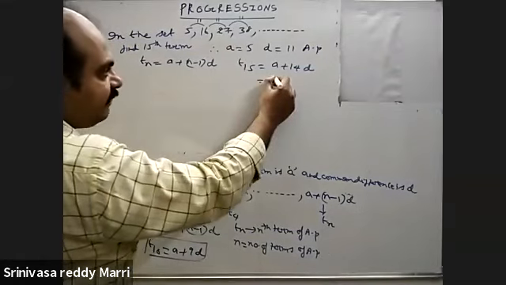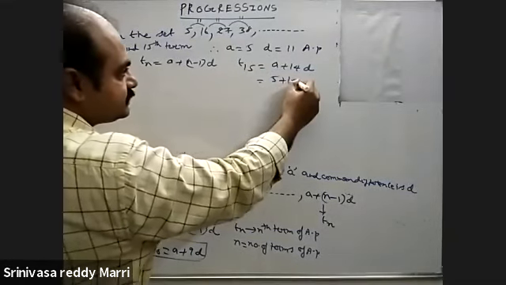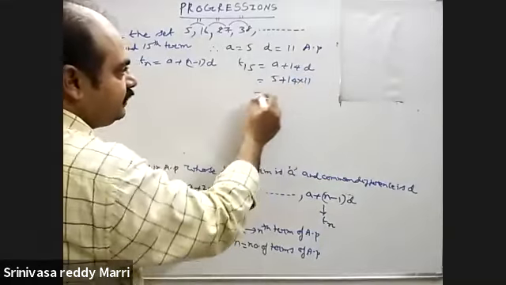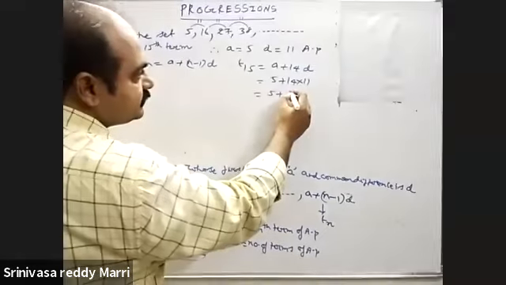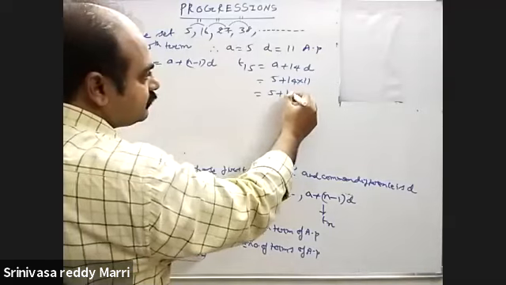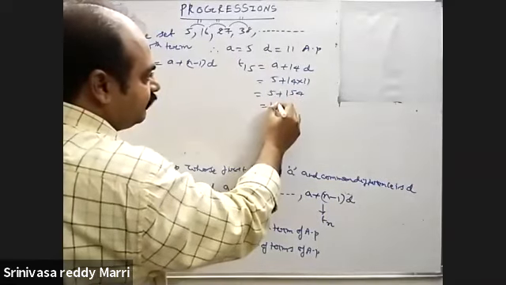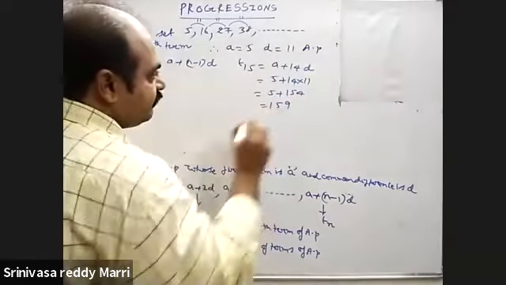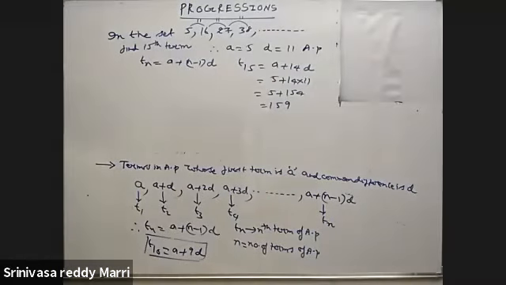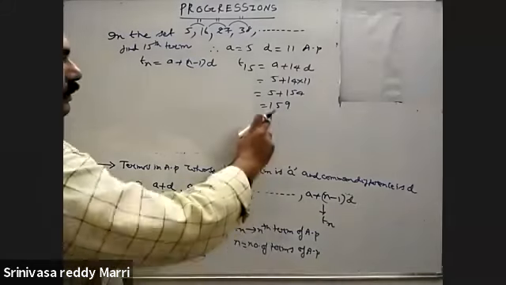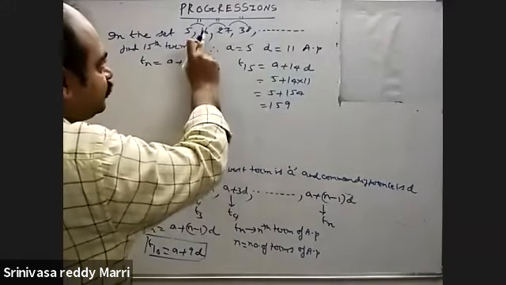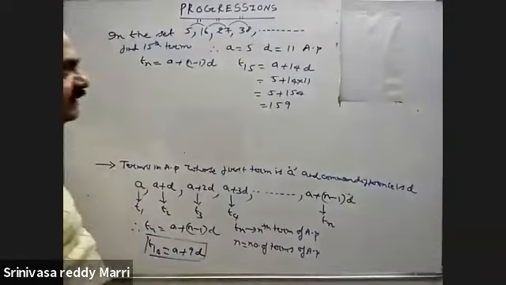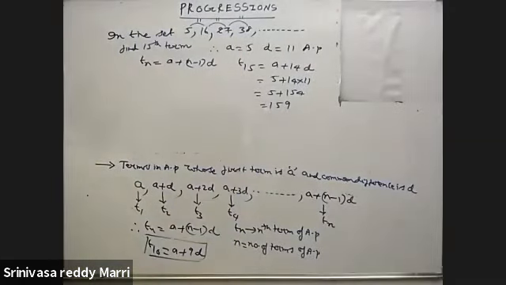That is, this is 5 plus 14 into 11. So 5 plus 154, this is nothing but 159. So in this, if you are writing like this, 1, 2, 3, 4, like that, the 15th term will be 159.